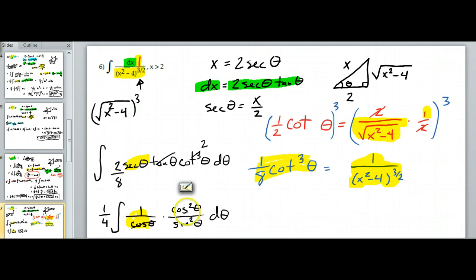So this cosine will cancel with one of those cosines. And I'm left with 1/4 the integral of cosine theta over sine squared theta d theta.